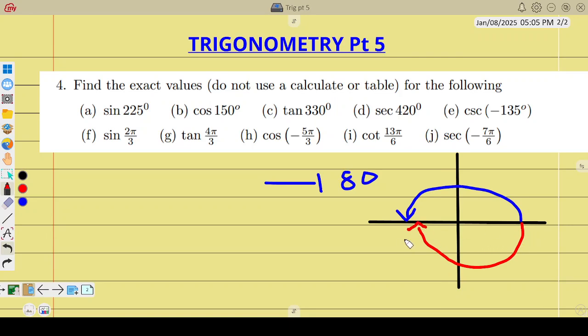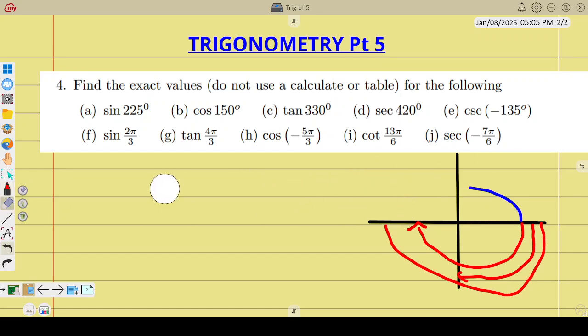If we have negative 90, it means starting from here up to here. If we have negative 270, it's there. You are just working backwards.